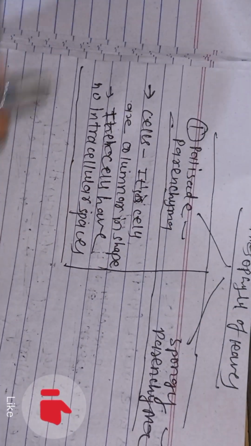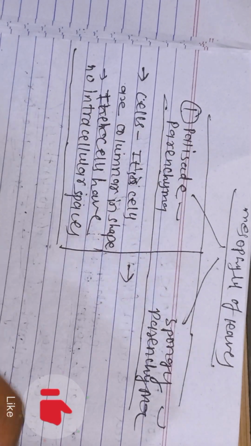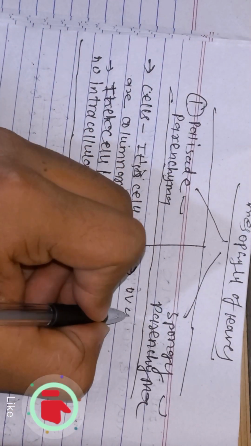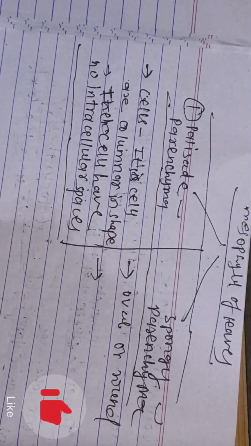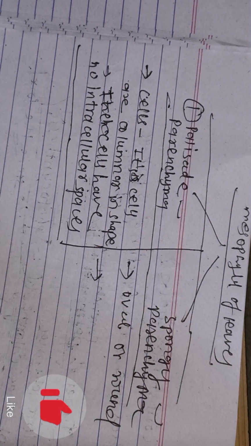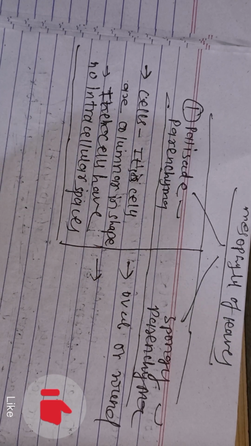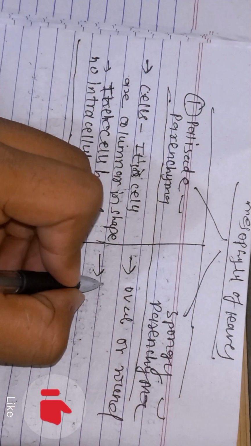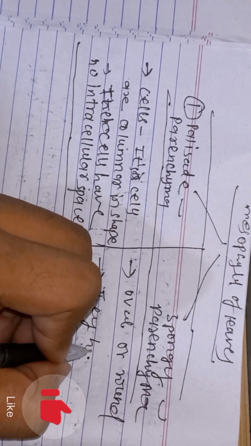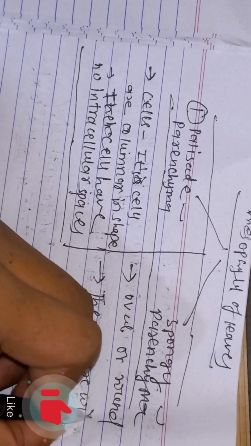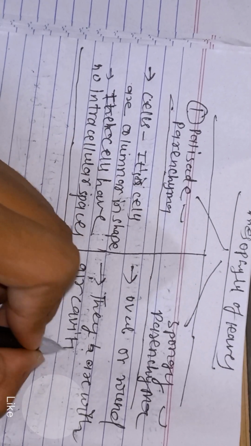In just the opposite way, the cells of spongy parenchyma are oval or round, and they may or may not have intracellular spaces, but they have air cavities.